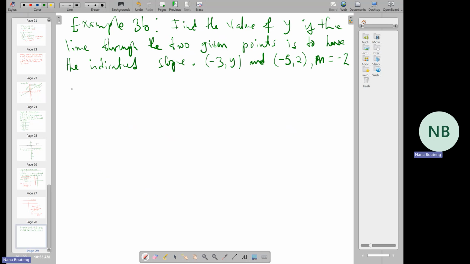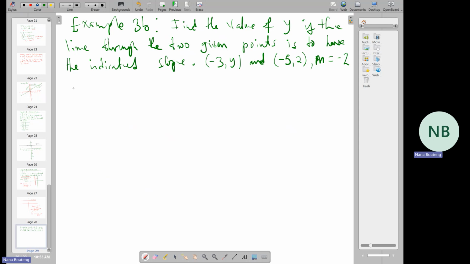All right, so we know that m is equal to y2 minus y1 divided by x2 minus x1. The slope m is negative 2, so negative 2 is equal to y2 minus y1 over x2 minus x1.